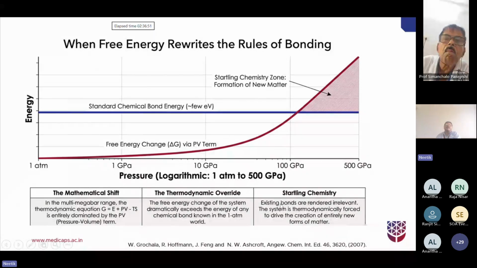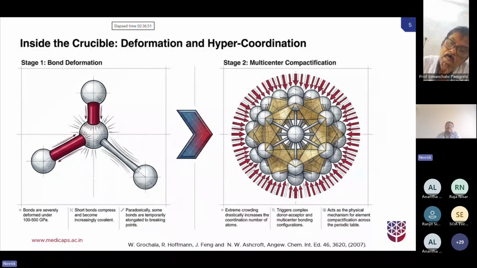Further, when the pressure increases, it's not that, in general, the bond length decreases. Sometimes bonds get elongated, sometimes bonds get compressed, and finally, if they become very close to each other, crowding occurs.